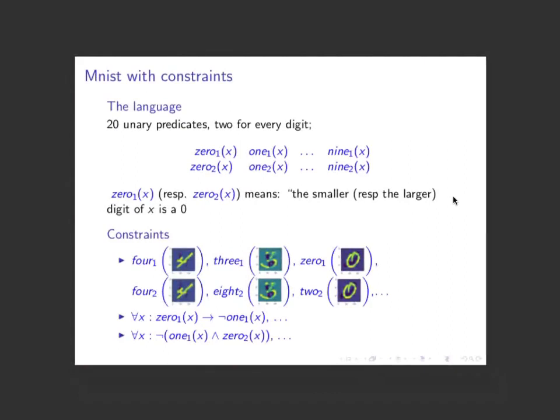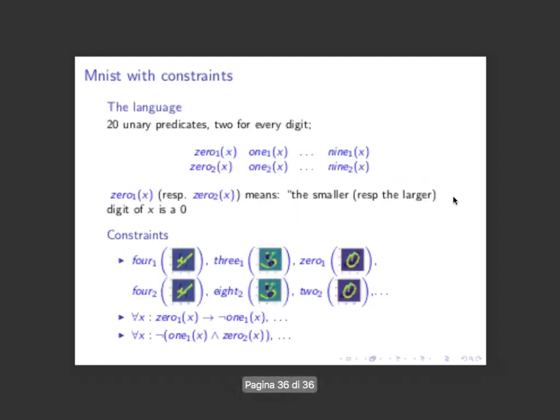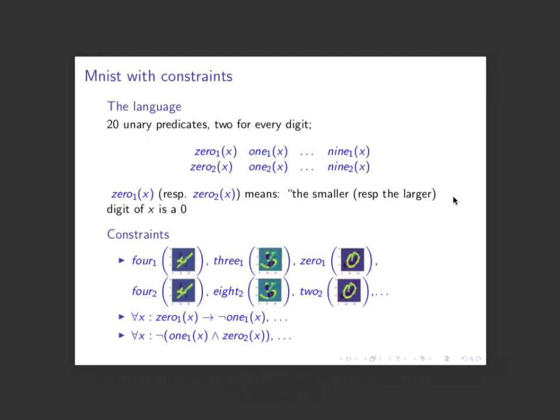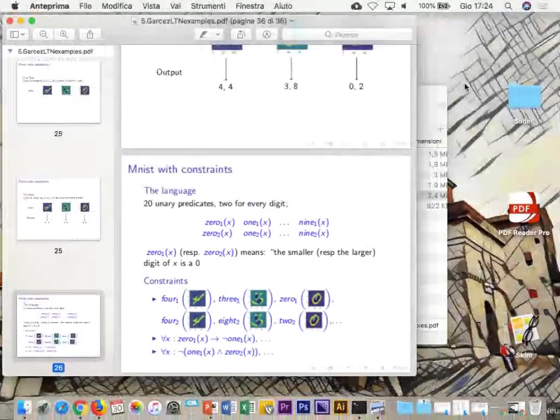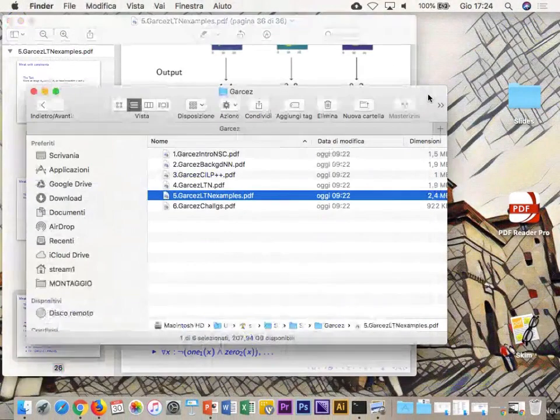And again, you may want to say that, well, if something is a 0, then it's not a 1, and so on. But again, these are not hard constraints. These are supposed to be soft constraints on the images learned on top of the data. Those were the examples I wanted to show.